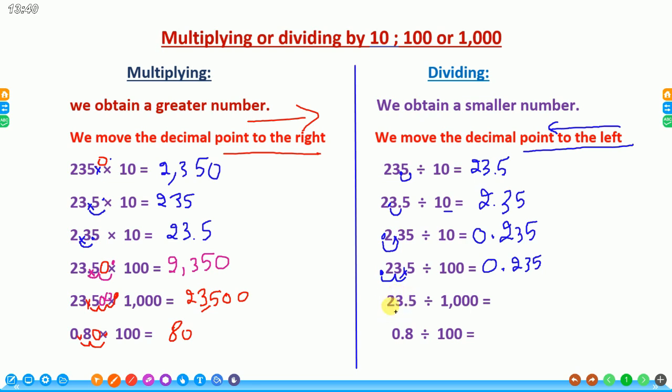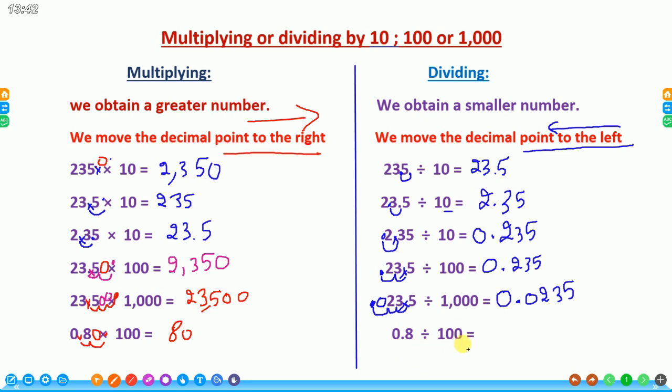Here, I only have 2 digits. In order to be able to move it 3 times, I need to add a useless 0. Now I can move it 3 times. I jump once, twice, then a third time, and the decimal point will be before the 0, .0235, and same as above, if the whole part is empty, I put a 0.